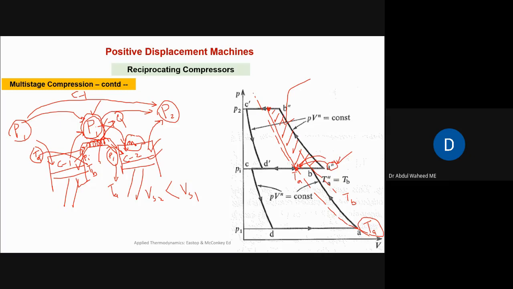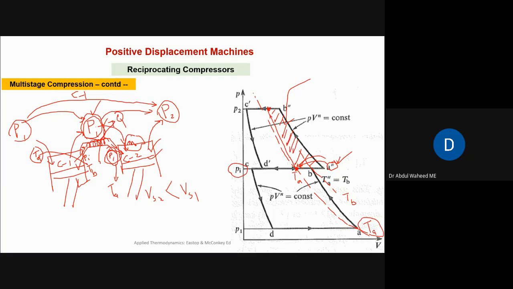And the compression starts in the second stage compression from this point onwards. So that is the second effect, the effect of intercooling, which will reduce the volume when it is in the same pressure, PI, but because of cooling, its volume is dropped, right? So the compression starts from this point onwards.